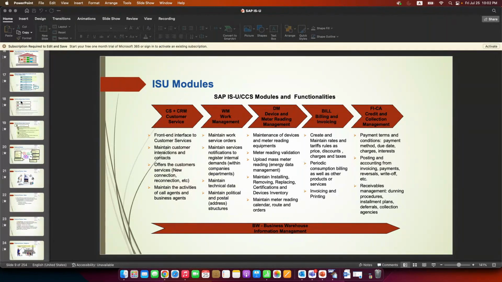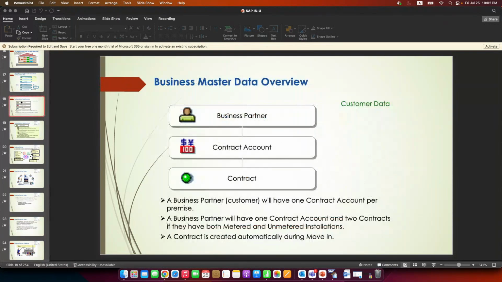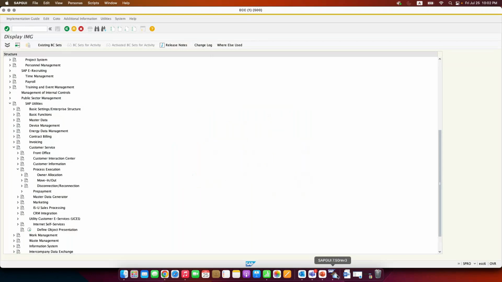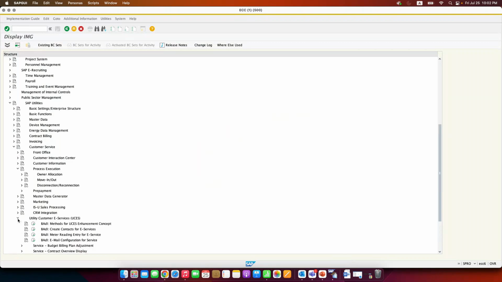Any questions? Venkat, could you go back to the SPRO screen? The configuration. You just told about process execution. So would you also be covering this utility customer e-services, UCES? What is that? If you come down to the next tab, it says UCES, Utility Customer E-Services. No, these are not our services.